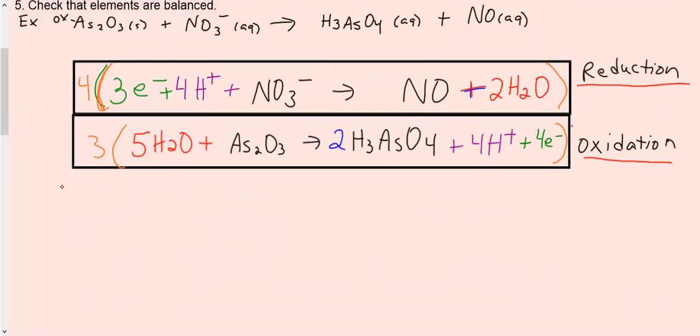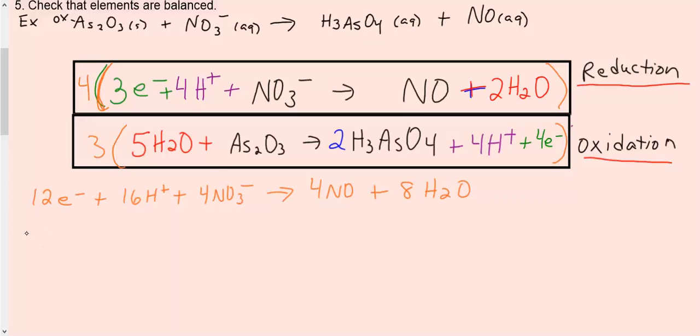So for the reduction reaction, we'll say 4 times 3 is 12 electrons plus 16 hydrogens plus 4 NO3 minus gives us 4 NO plus 8 H2O. Do the same thing for the oxidation reaction.